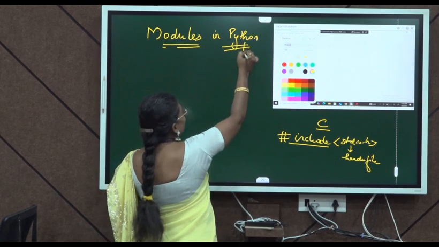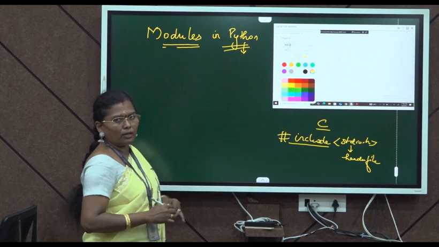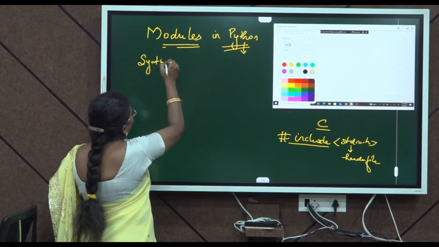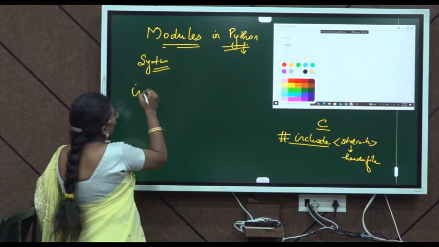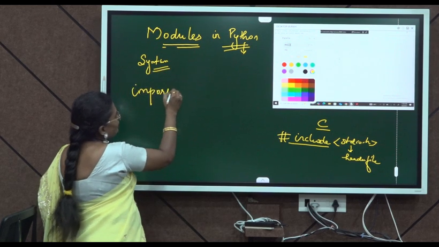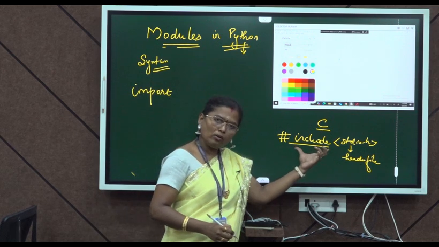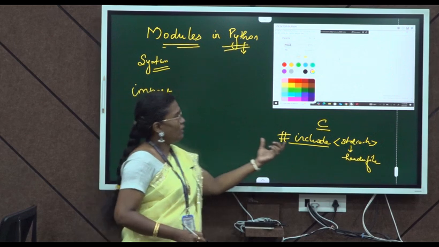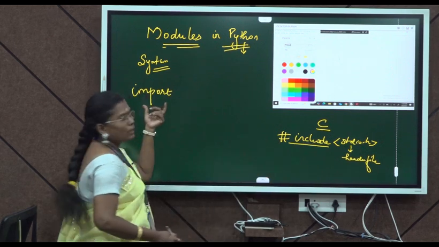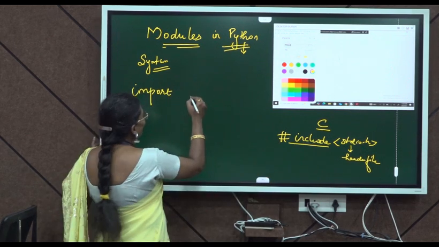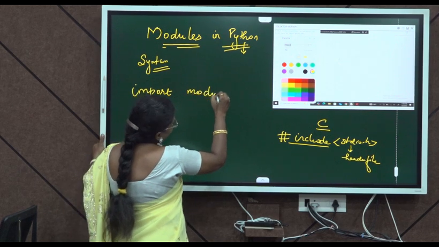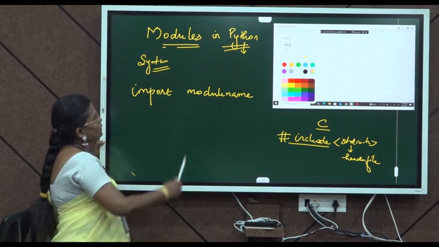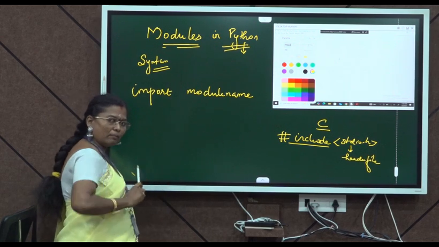What about Python? In Python, how is a module included? We include the module using the syntax import, because hash include in C is very similar to import in Python. So we write import followed by the module name. This is how we import the specified module inside my code.